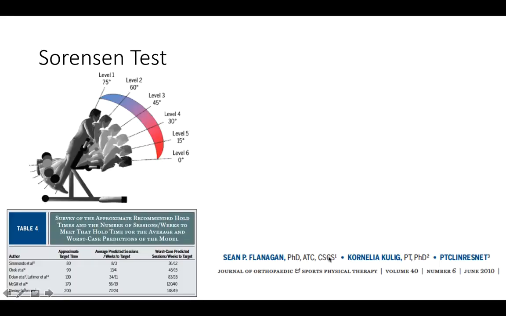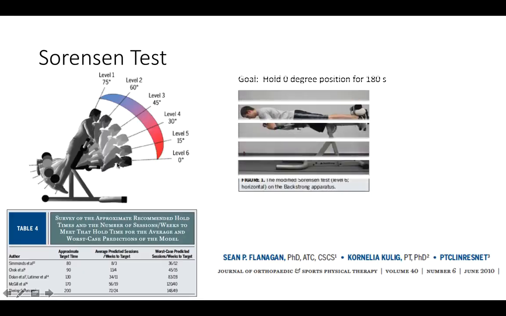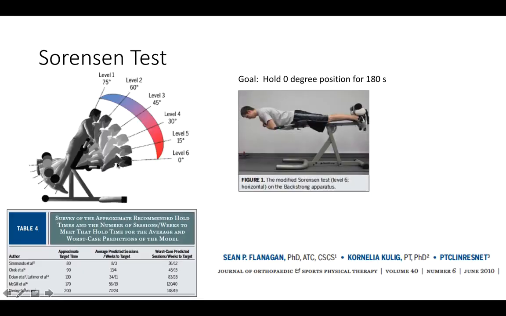And so this is a newer paper by Flanagan et al., which was done in post-lumbar surgery patients. And we can see here what they used is this progressive Roman chair where they could gradually lower the person to being horizontal. So they would get this Sorensen test position when they were fully horizontal with the ground, for a load perpendicular to gravity.